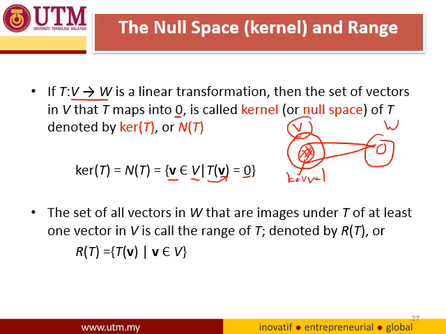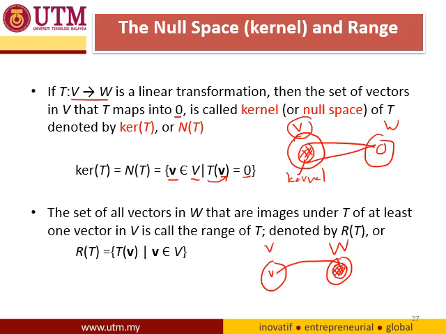But for range, it is the set of all vectors in W that are images under the transformation of at least one vector in V. That is called the range of the transformation. So for range, we have the V, so we have here W. When you map V, it will show into this space in W where it is called a range.